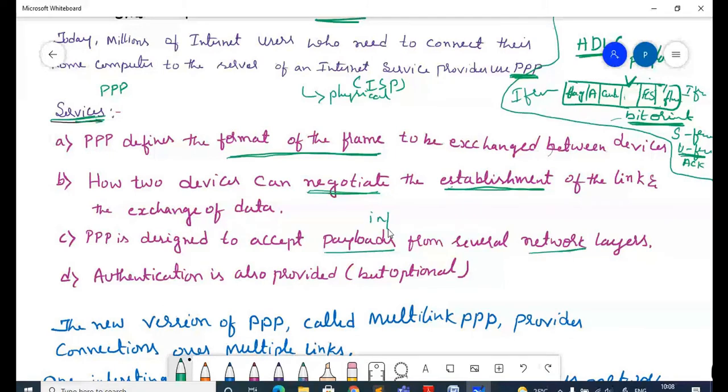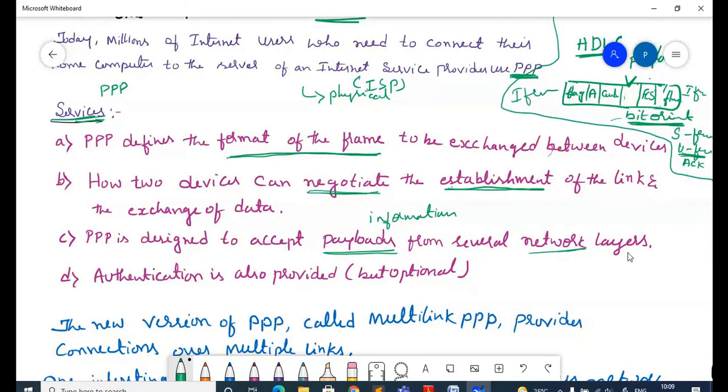It is nothing but data, user data, what data the user wants to exchange. That is termed as payload. So here point-to-point protocol is designed to accept whatever data comes from different network layers.